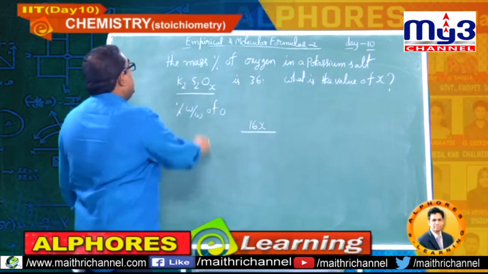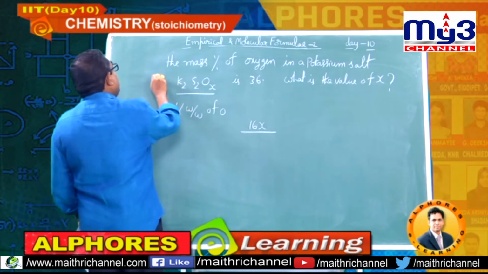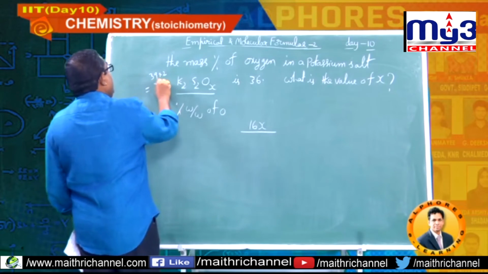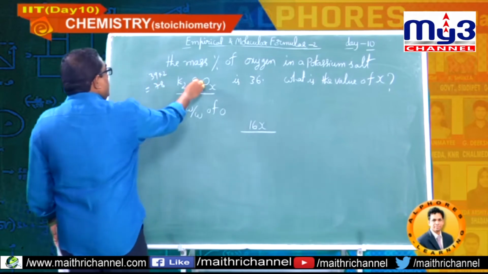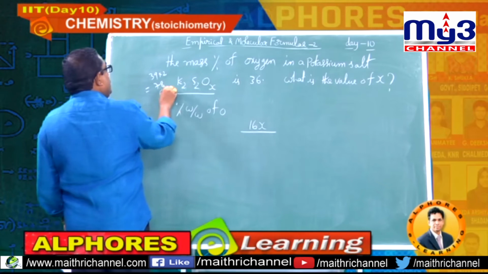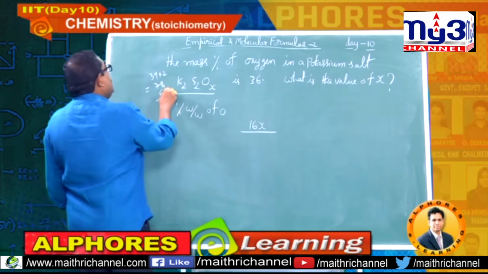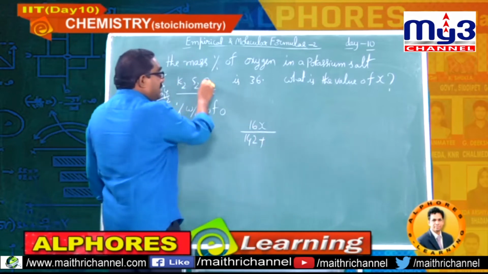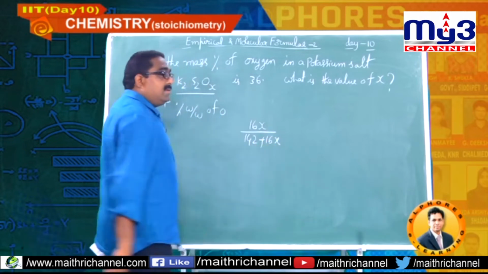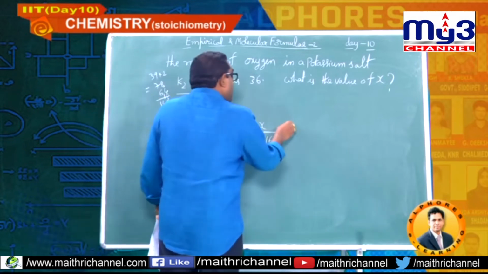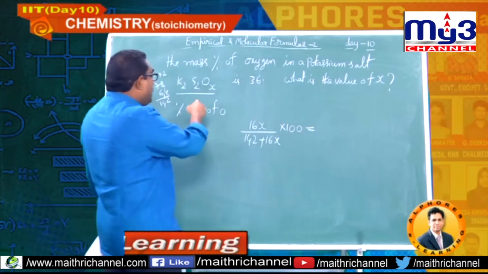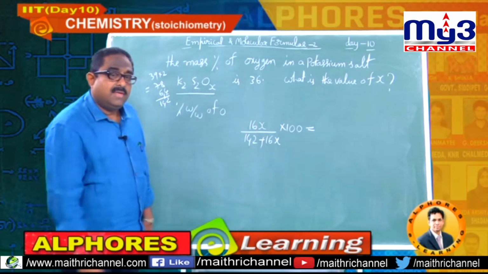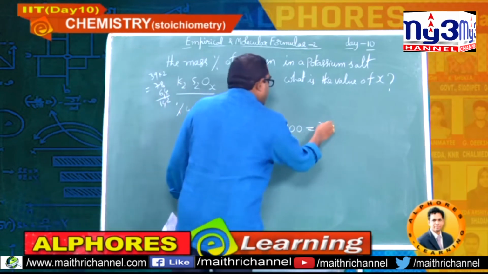This is 2 into the atomic mass of potassium, 39, that is 78, and that of sulfur is 32, 2 into 32, 64, so 142. So 142 plus oxygen 16X. This is the mass percent of oxygen present in this compound. That's what exactly he has given as 36.